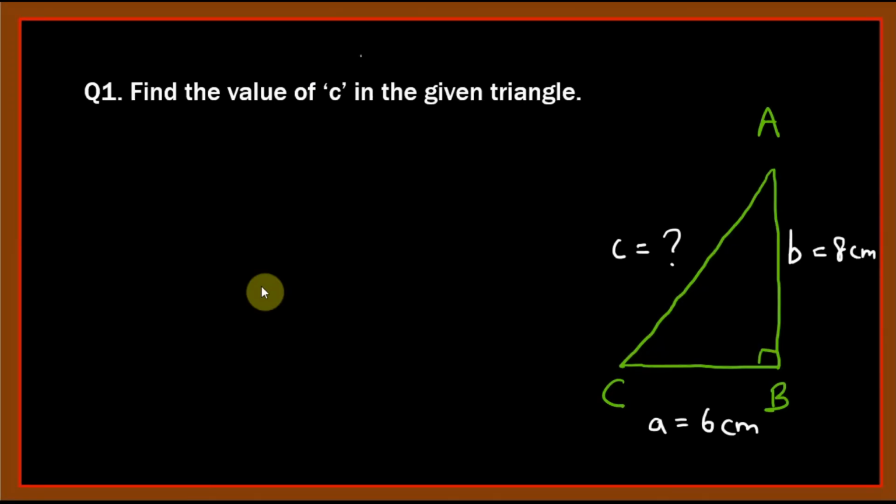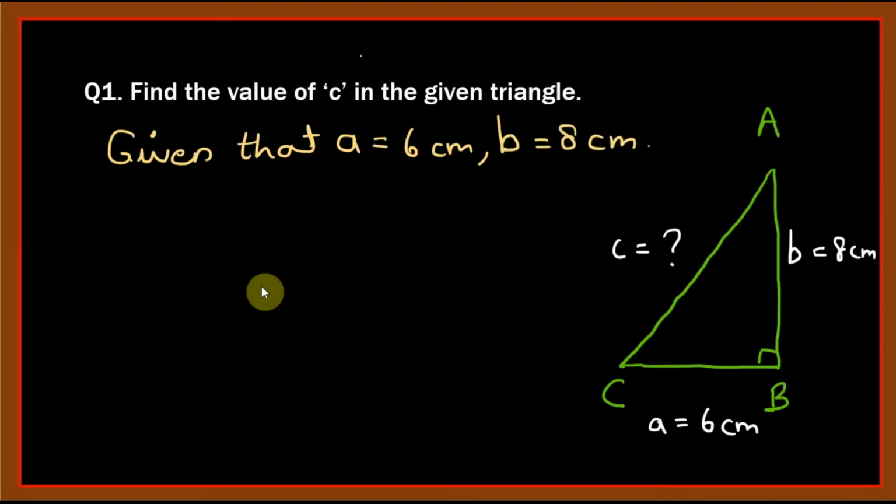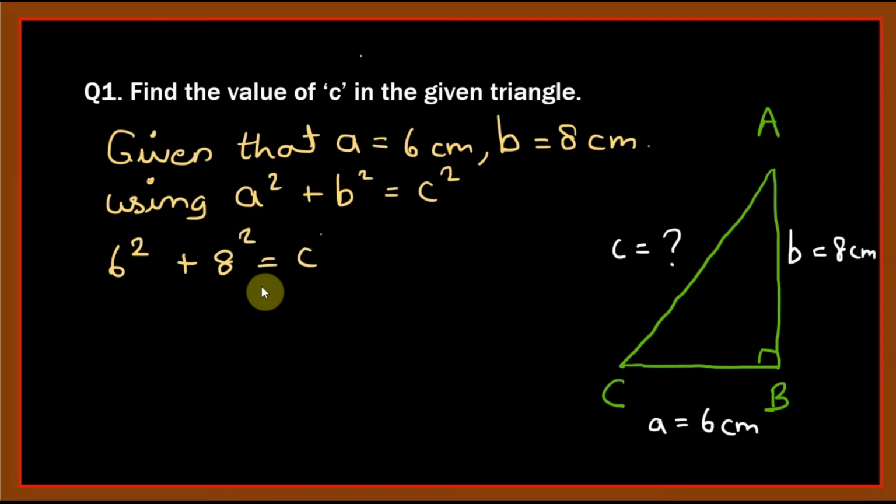Find the value of c in the given triangle. Given that a equals 6 cm and b equals 8 cm, we must find the longer side c. We can use the Pythagorean theorem to solve this problem. So using a square plus b square equals c square, we get 6 square plus 8 square equals c square.